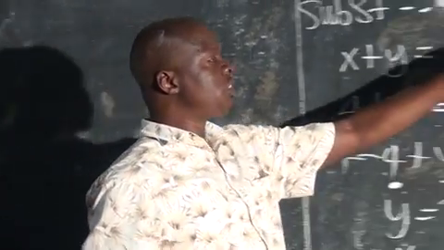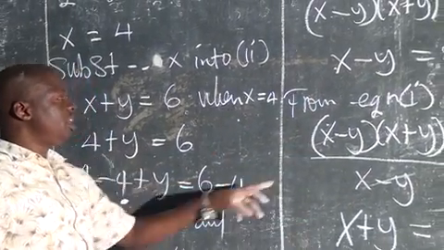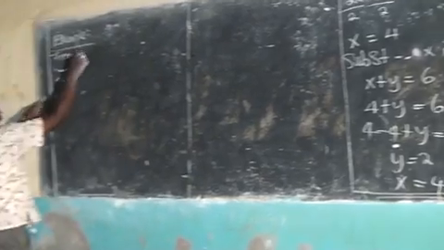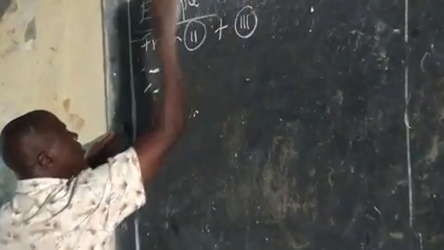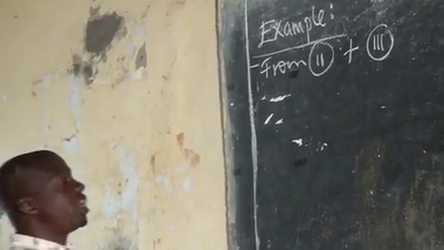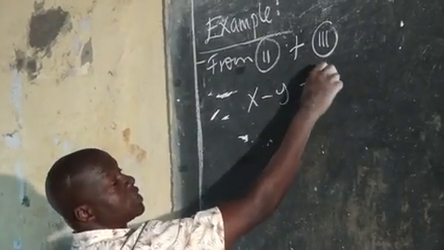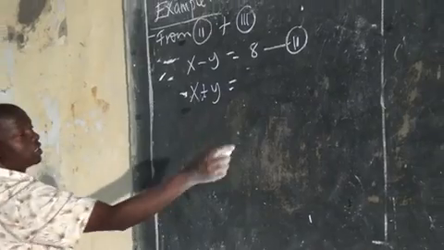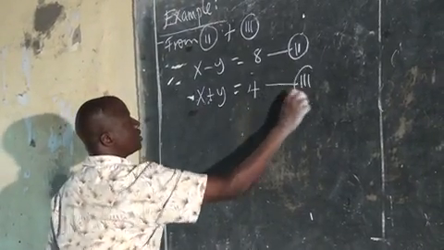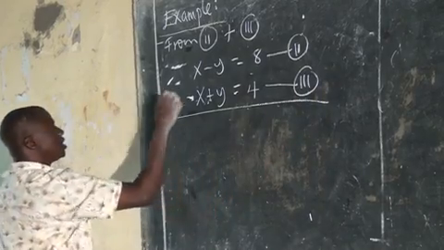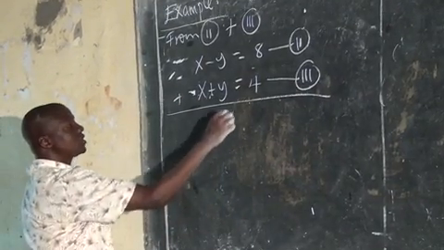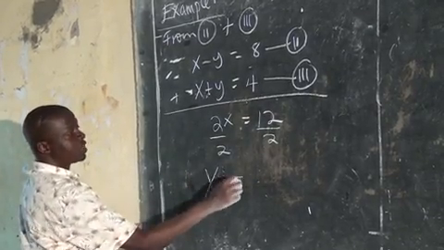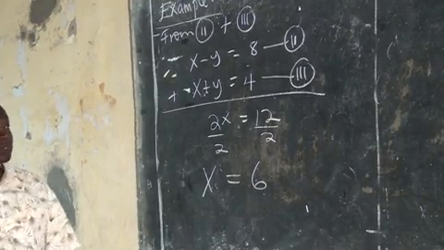I'm comparing equation 2 and 3, and I will add. In equation 2 we have x minus y equal to 8, and in 3 we have x plus y equal to 4. When we add, we shall have 2x equal to 12. Divide by 2, divide by 2. So the x value is 6.